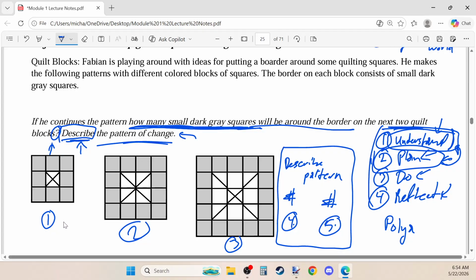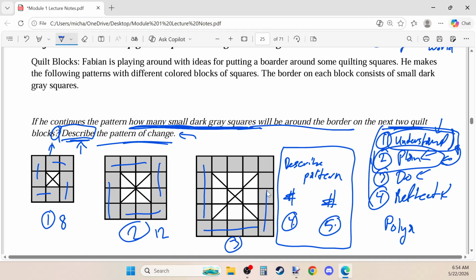So first off, we have 8 small blocks here. We have 12 blocks here. So see, I have 4 groups of 3. I have 4 groups of 2 here. I have 4 groups of 3 here.